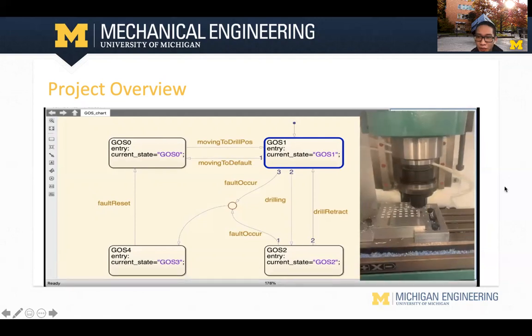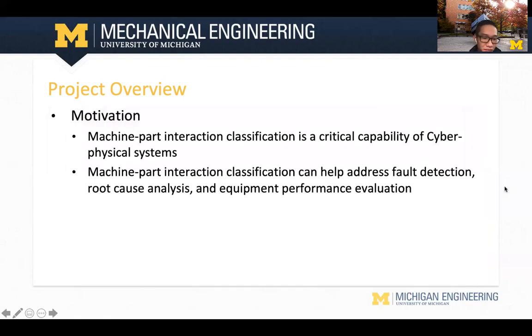So why do we need machine part interaction classification? The first reason is that it is a critical capability of cyber-physical systems, which are the integration of physical assets with computing and communication technologies. And cyber-physical systems are an enabler of Industry 4.0, the next manufacturing paradigm.